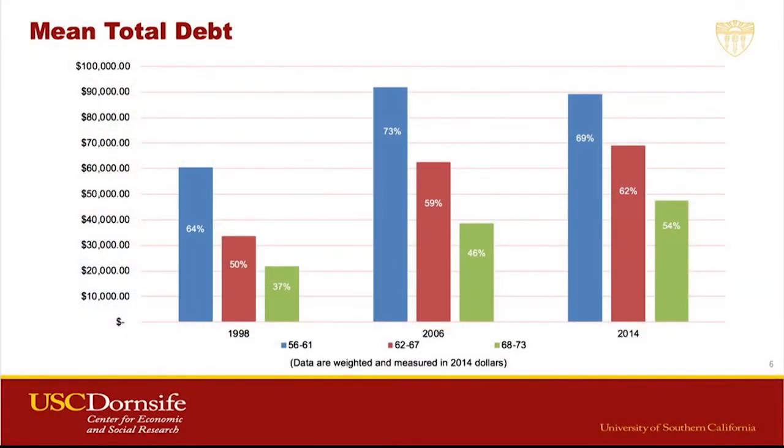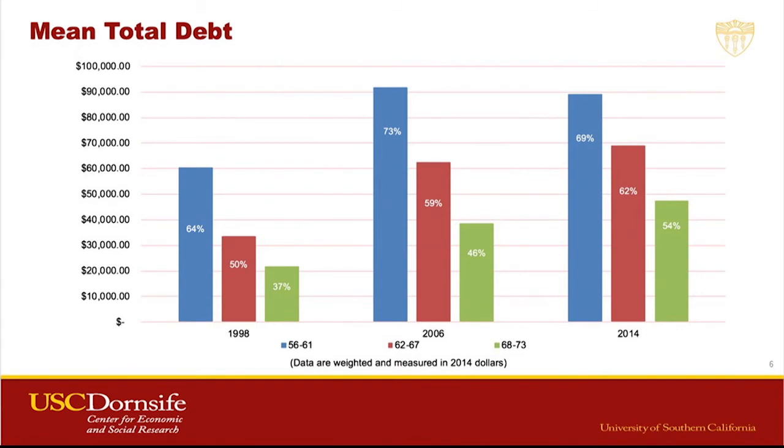So like previous research, we find that there have been substantial increases in older adults' debt burdens over time. But we extend this and show that this extends even to older age groups than previously considered. And it's actually quite stark. This chart is showing average debt burdens at each time period for each age group. You can see in the green bar for our oldest age group, 68 to 73, in 1998, average total debt is about $20,000.